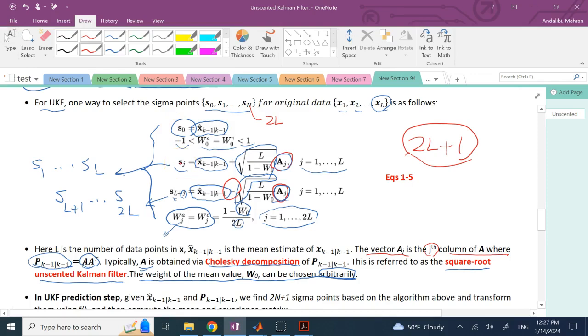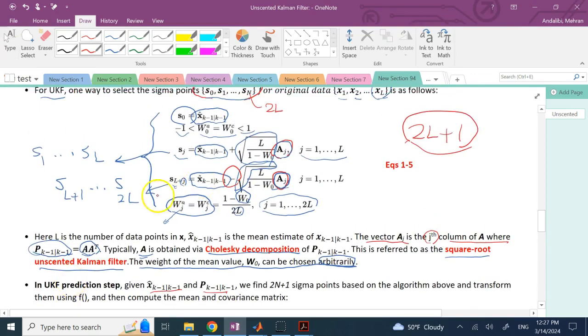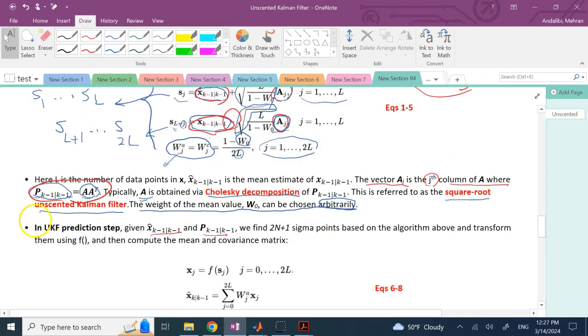Okay, now I got my S's, fine. Now what do we do? Using this x k minus 1 and P k minus 1, you could determine the sigma points. Now you pass them through your nonlinear function f, which is the state transition model, or h, or both of them.